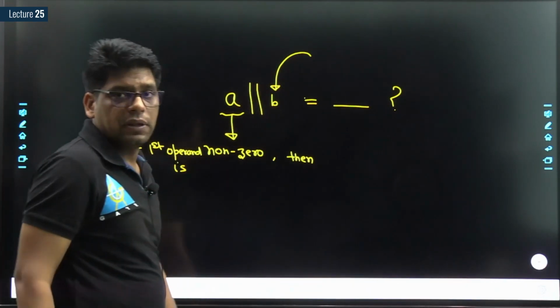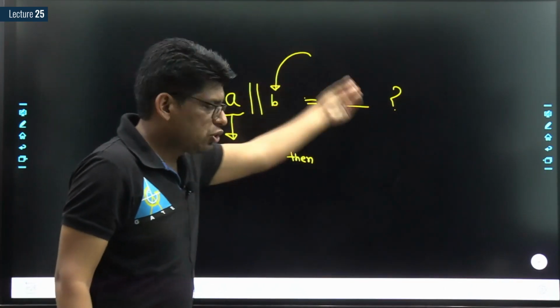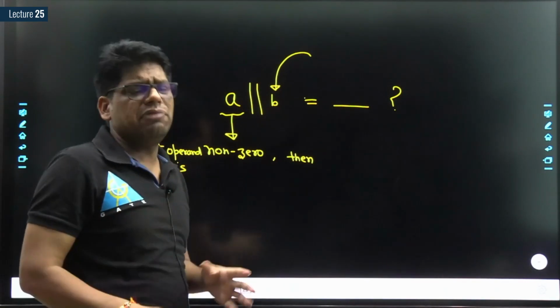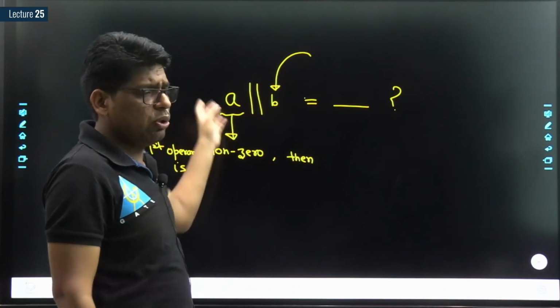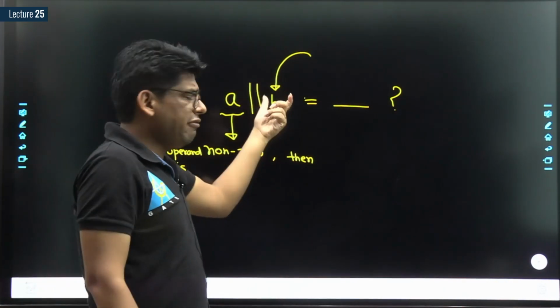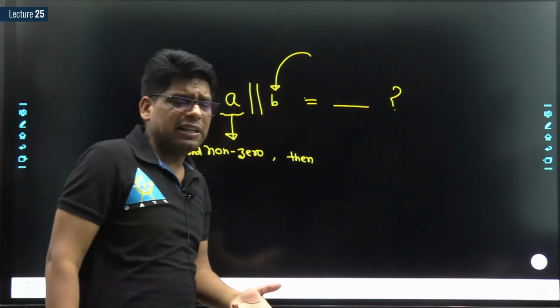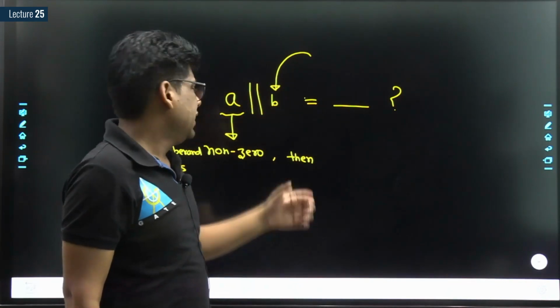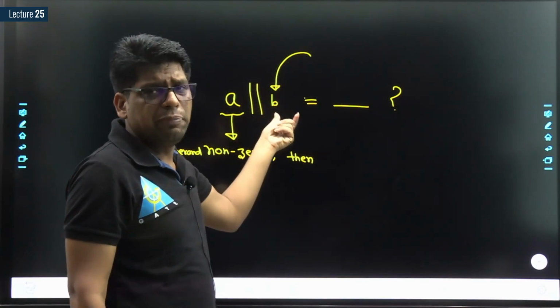No, sir. If this is non-zero, the result will surely be non-zero. Why? Because the OR operator says either of them, at least one of them is non-zero, the result will be non-zero. So even if B is non-zero, it does not affect the result. Even if B is 0, it does not affect the result. So we do not need to know the value of B.